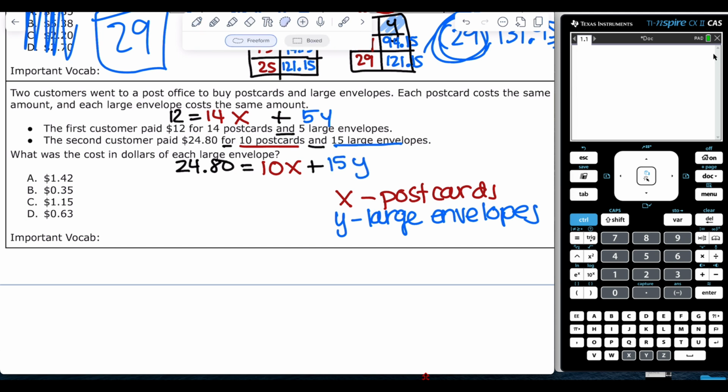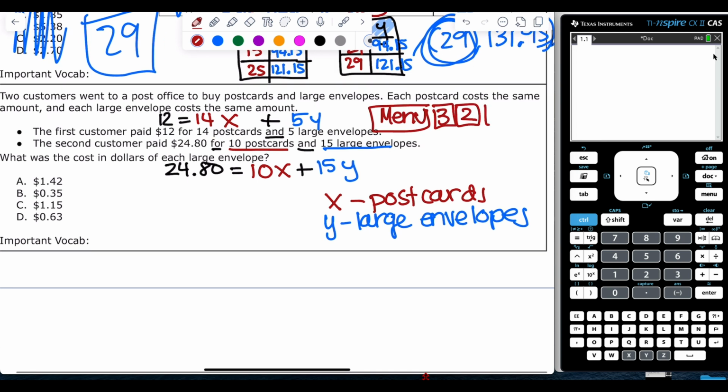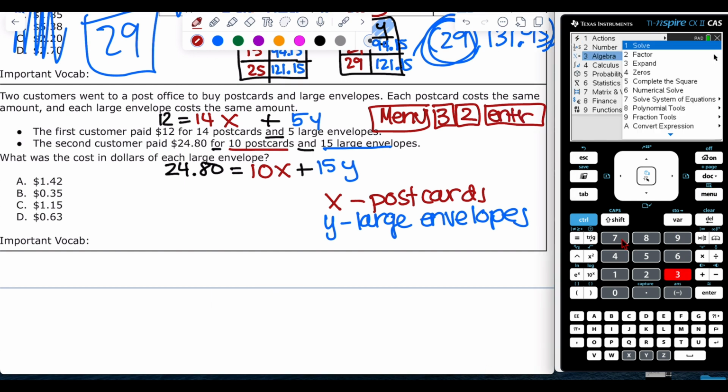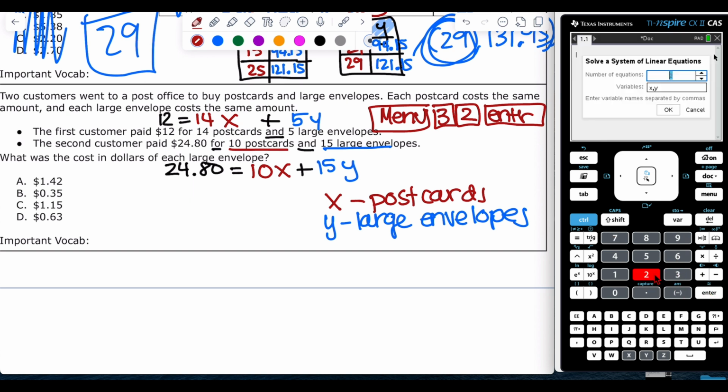Now, I'm going to put these two equations into menu 3, 2, enter, and I'm going to get my answer. So menu 3, 2, enter, and then enter, and I have this.